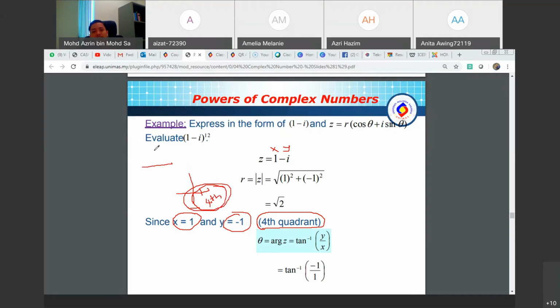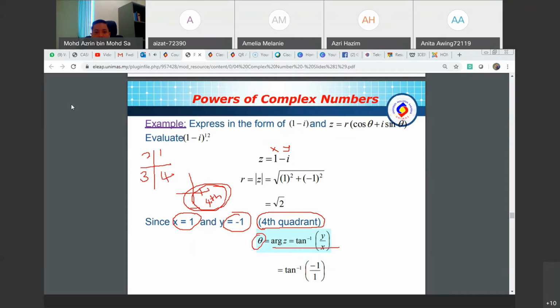So you kena tahu kalau ni first, second, third and fourth. So kalau fourth quadrant, using the theta value, by using the arg Z equal to inverse tangent Y over X, then you will get inverse tangent of negative 1 over 1, then you will get the answer lah.